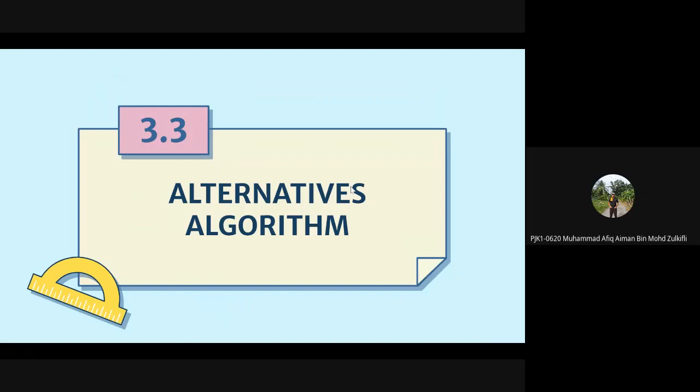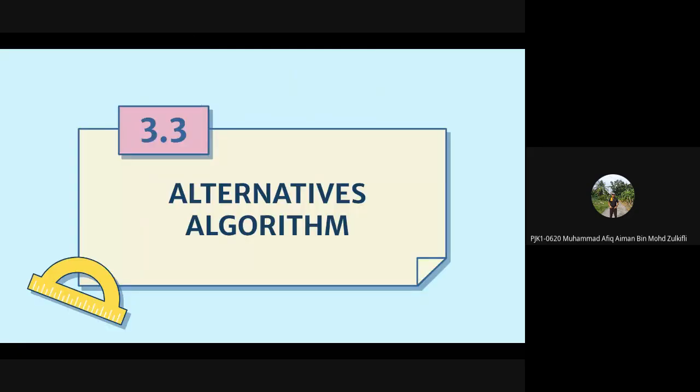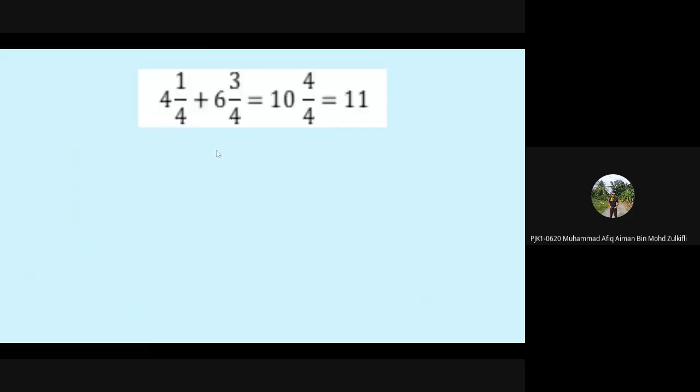Okay, that is the standard algorithm for the mixed numbers. Okay, now we want to see the alternative algorithm. Okay, in this part, I just take the same denominators because the same thing applies to the different denominators.